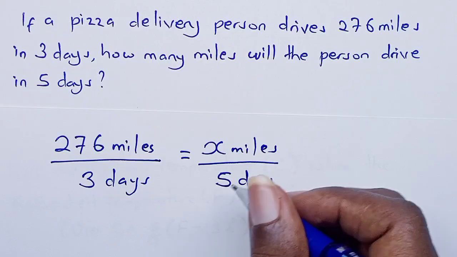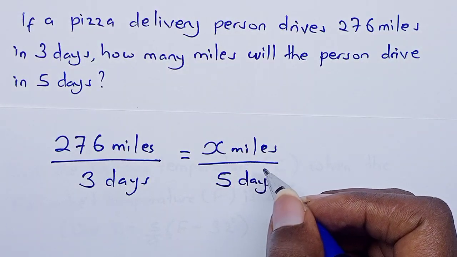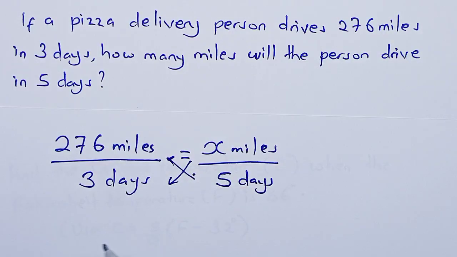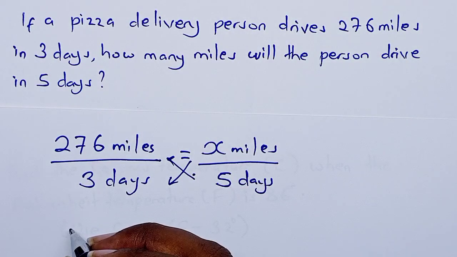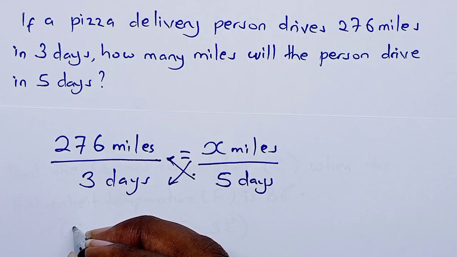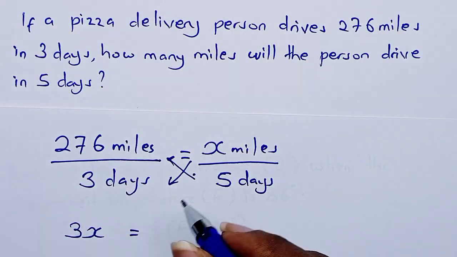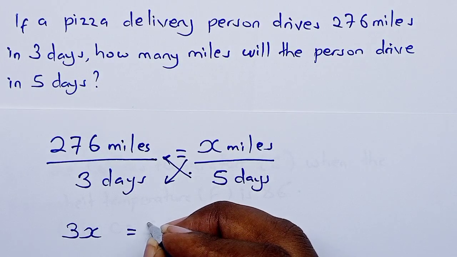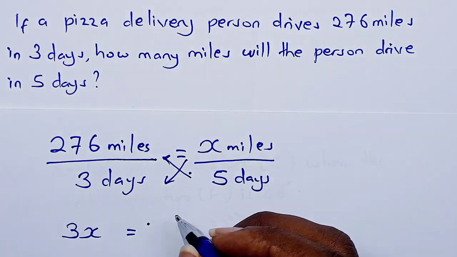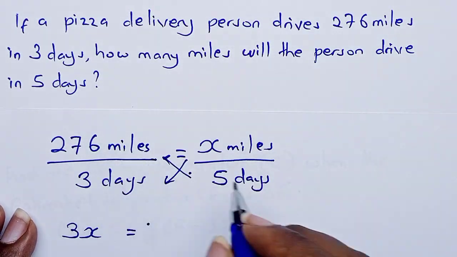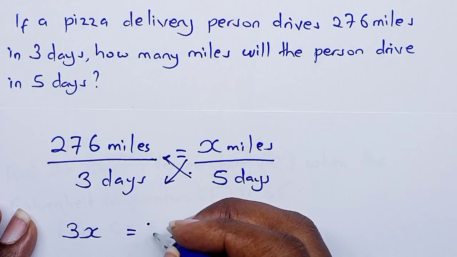So using proportions, this is the equation we come up with. So here we are going to cross multiply. So we shall have 3 days times x miles. So it's x miles in 3 days. So which is 3x equals this in 5 days. So 276 miles, 276 times 5 days.